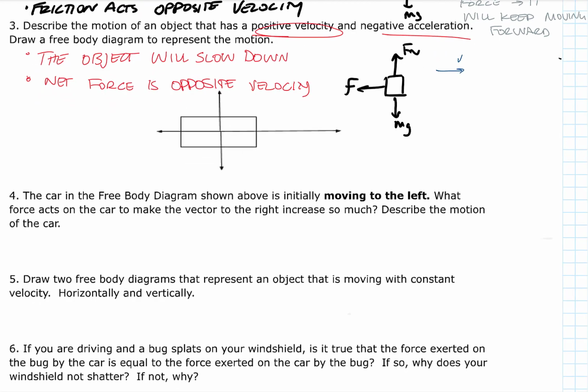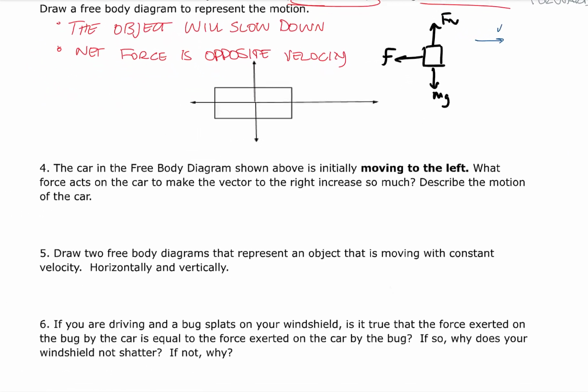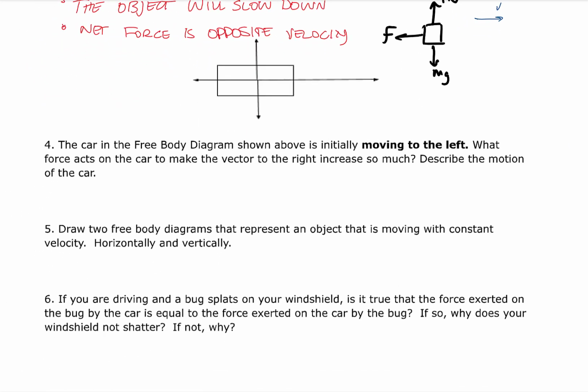All right, 4, we have a free body diagram for our situation above. That's a car. It's moving to the left. So if it's initially moving to the left, my velocity is going to be to the left. What force acts on the car to make the vector to the right increase so much? Describe the motion of this car. So for one thing, the velocity is that way. The net force is to the right, so the acceleration is to the right.